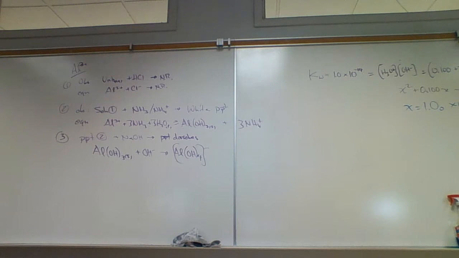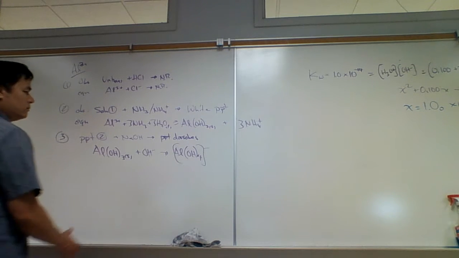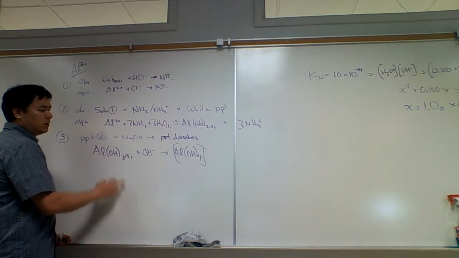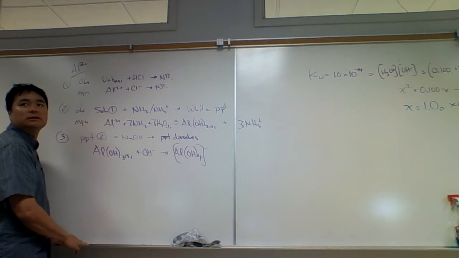The tetrahydroxochromate does not form, and tetrahydroxo, what's the other one? It's the other 3+. Ferrate. Tetrahydroxoferrate doesn't form. And so just aluminum. Why? Well, these types of reactions are complicated to predict. What kind of reaction is this?